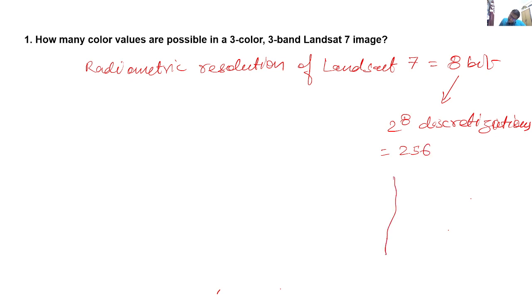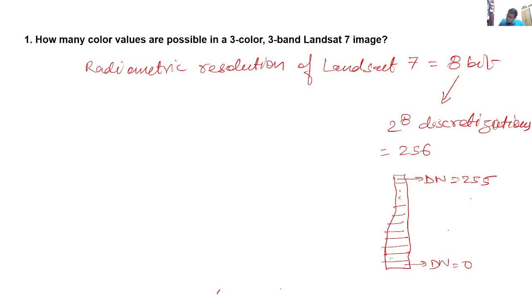Just a brief about what we covered in the last class. There will be 256 grayscales. The one at the bottom has DN number 0, and at the top it would be DN number 255. So when we move from 0 to 255, the total discretizations will be 256.